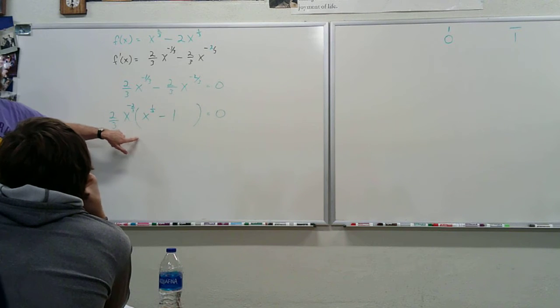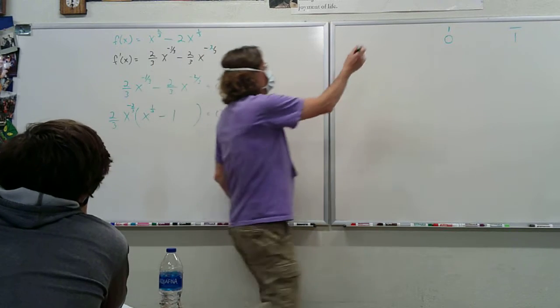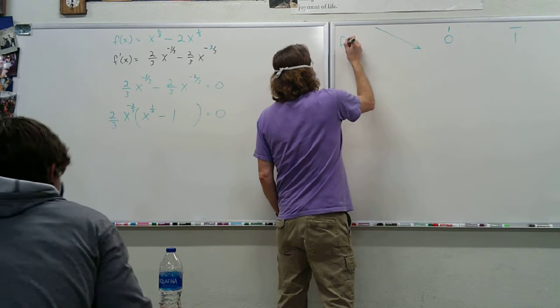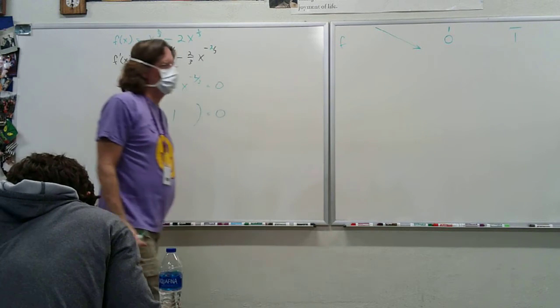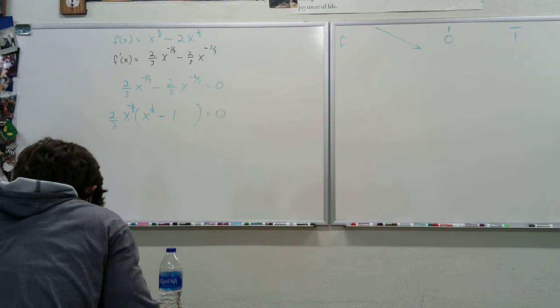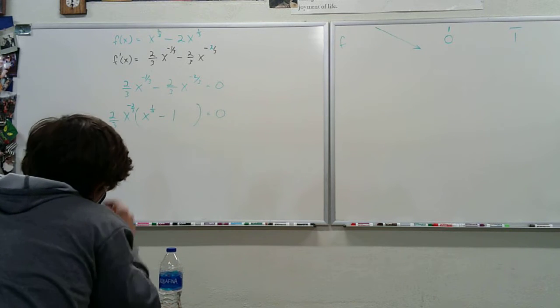Negative times that positive is going to equal what? Negative. For this, we can put an arrow going down. It is decreasing. The f function is what? Decreasing. Okay, yesterday I did f prime there to show we were using the first derivative test. It doesn't matter, but we'll put an f there to show the original function is going down.